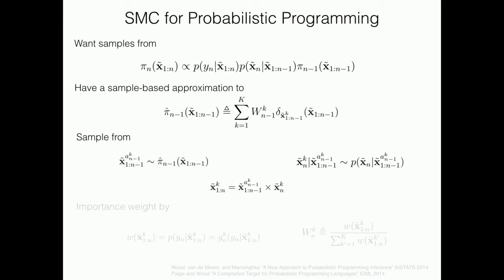Great. The second thing that we do is we sample a continuation from that ancestral set of random variables by simply running the program forward. Okay, so this is sample a continuation, sample all the random variables up to the next observation, given the set of random choices that have been made for some particular index.